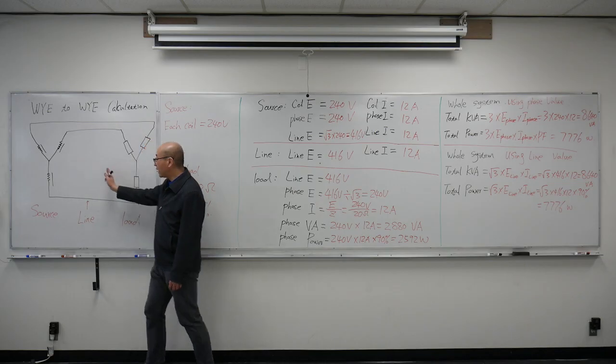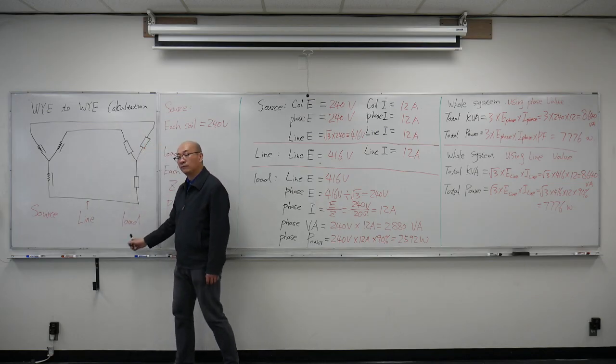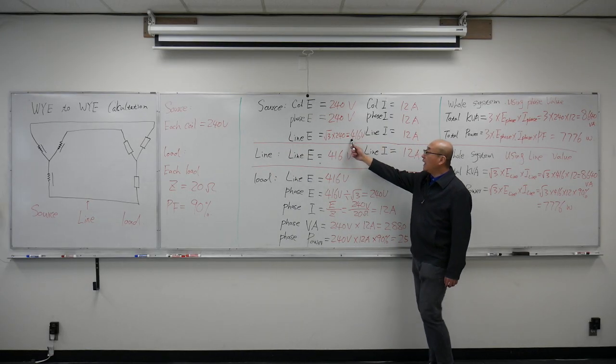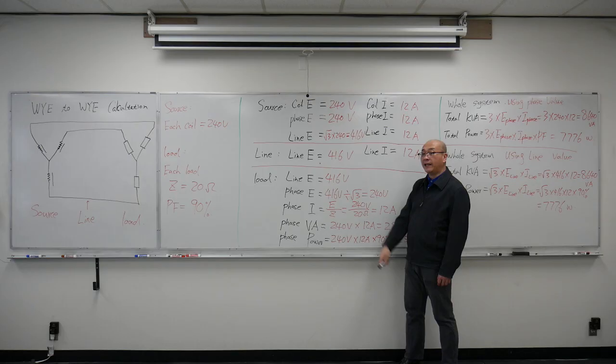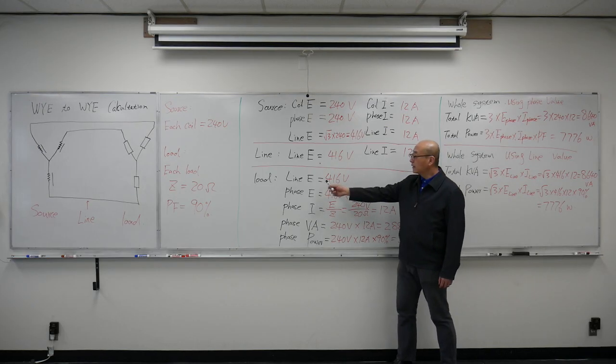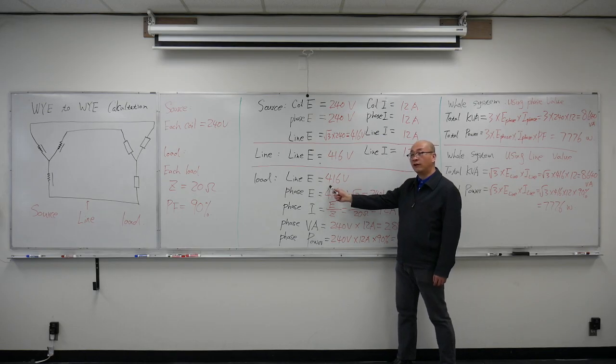Now from the source I come to the line. After I finish the line, I go to the load. For the voltage, the line voltage on the source is 416, so the line is 416 volts. Come to my load side. The line voltage is still 416 volts.